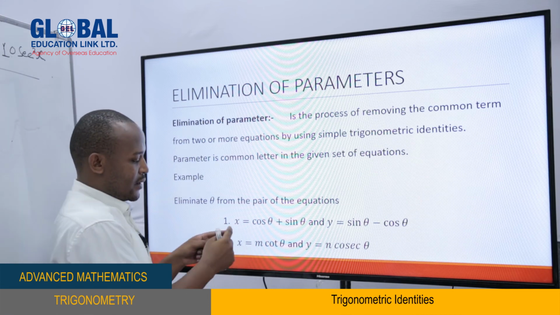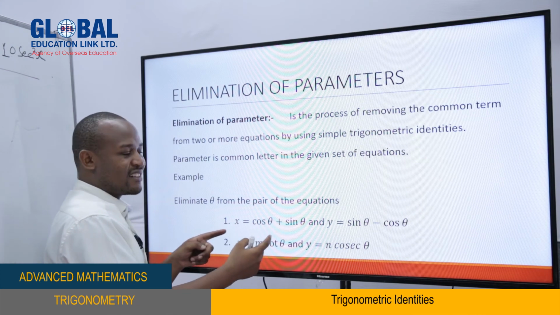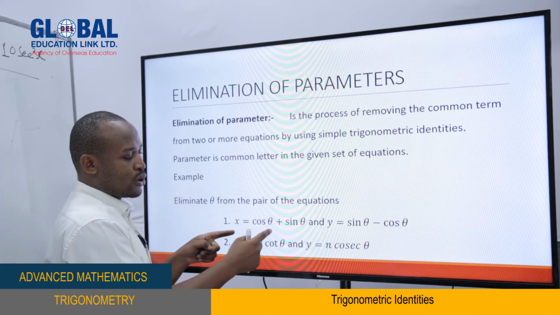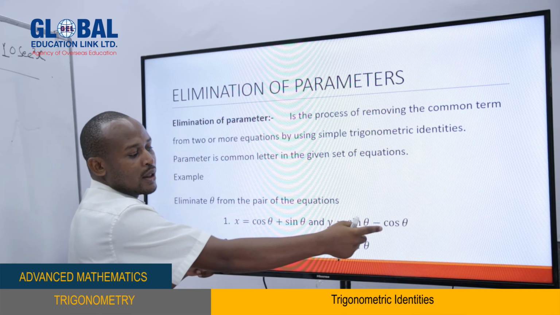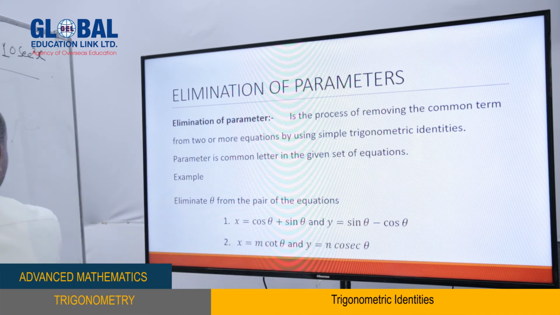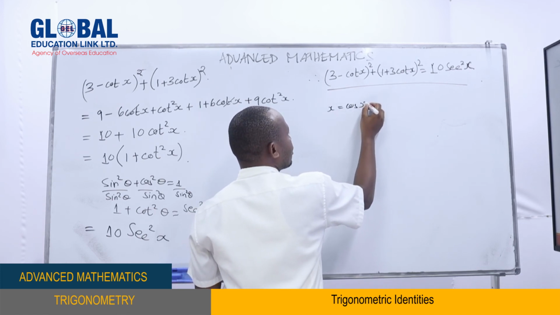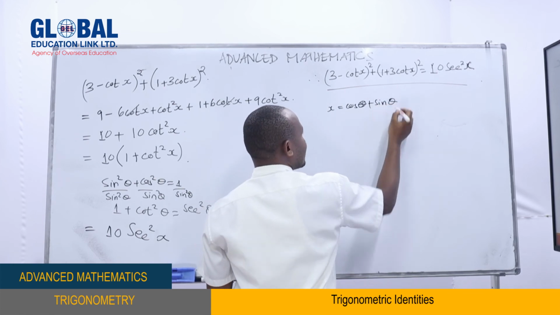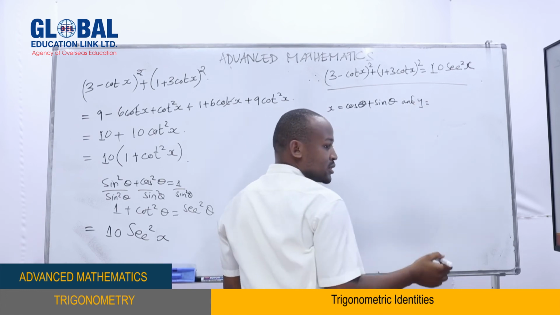We have to eliminate theta from these two equations by using the identities. We have x equal to cos theta plus sin theta, and y equal to that thing. We are supposed to remove theta from there. Let's see. So we have a set: x equals cos theta plus sin theta, and y equals what?